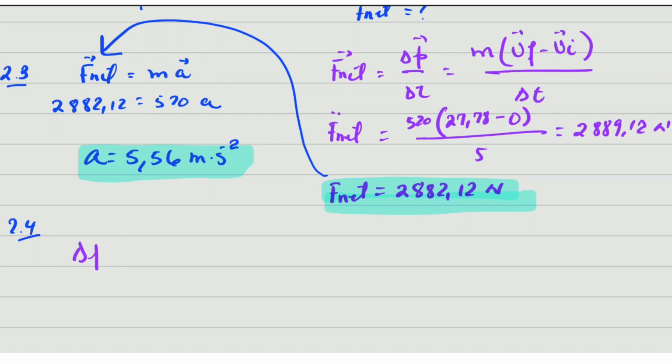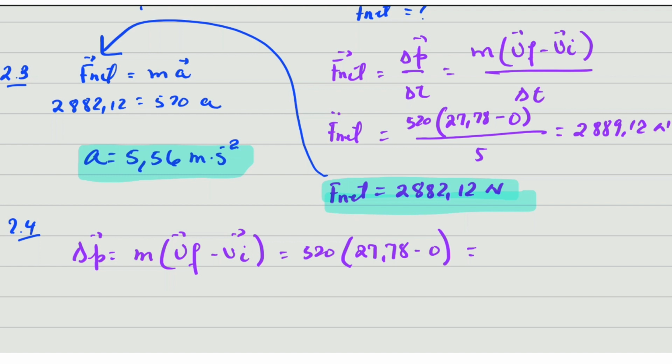So we have the change in momentum is equal to mass times final velocity minus initial velocity, and this is equal to 520 times (27.78 minus 0), and this answer is going to be 14,445.6 kilograms meters per second, and that is the answer for this question.